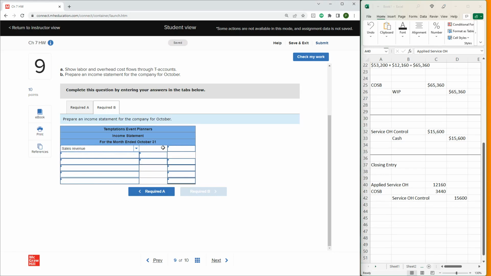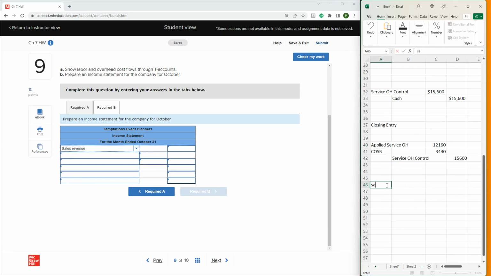The next line, according to the exhibit, is cost of services billed. And the line after that is our service overhead that was over or under applied. We know that in our situation, it was under applied. So we're going to add that to our cost of services billed.